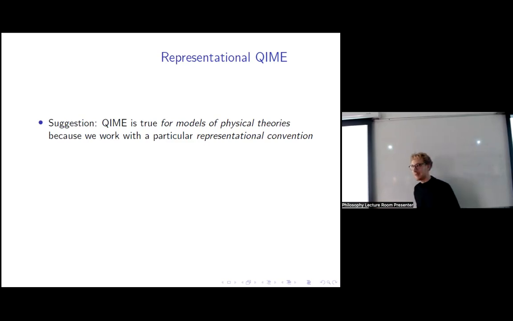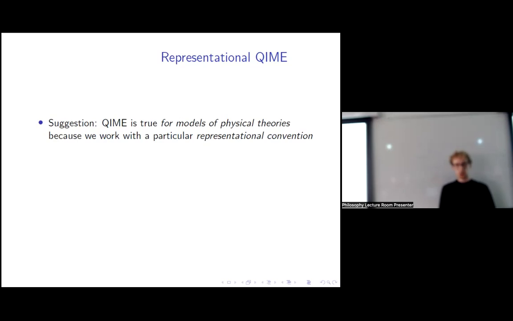So classical electromagnetism, general relativity, I suppose quantum theories, although I haven't really put them through, and classical mechanics in a differential geometry framework. The suggestion also has a suggestion for why Quine is true for those models, namely because we're working with a particular representational convention in which Quine will be true.